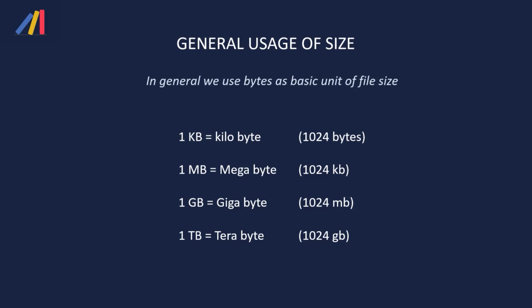In general usage, we use kilobytes from the beginning, the smallest file size we ever see on a Windows PC. And then 1024 bytes make a kilobyte, 1024 kilobytes make a megabyte, 1024 megabytes make a gigabyte, and 1024 gigabytes make a terabyte.